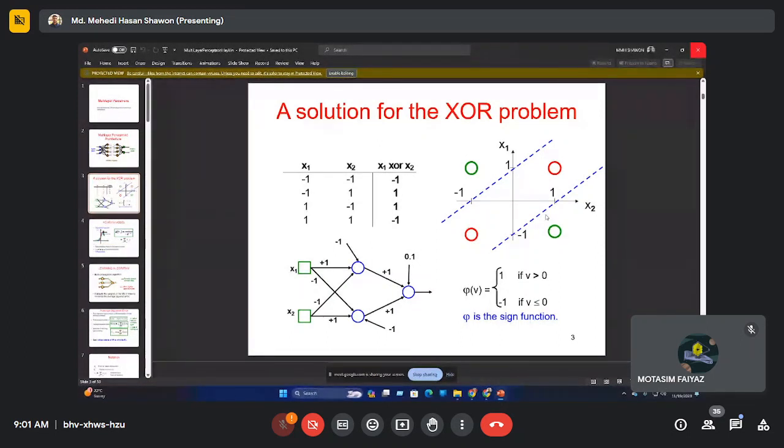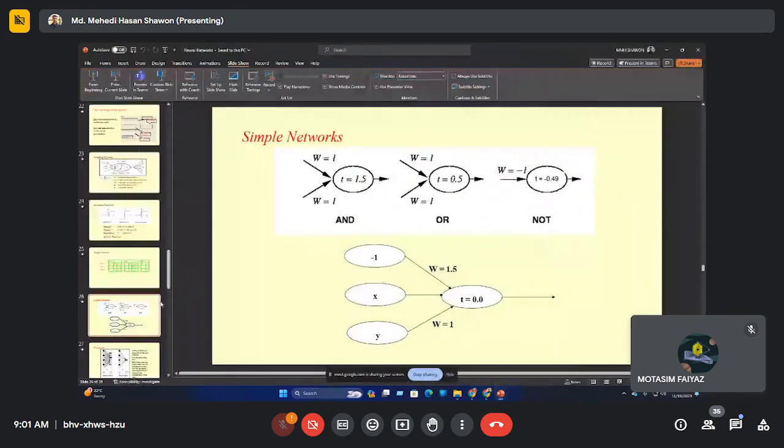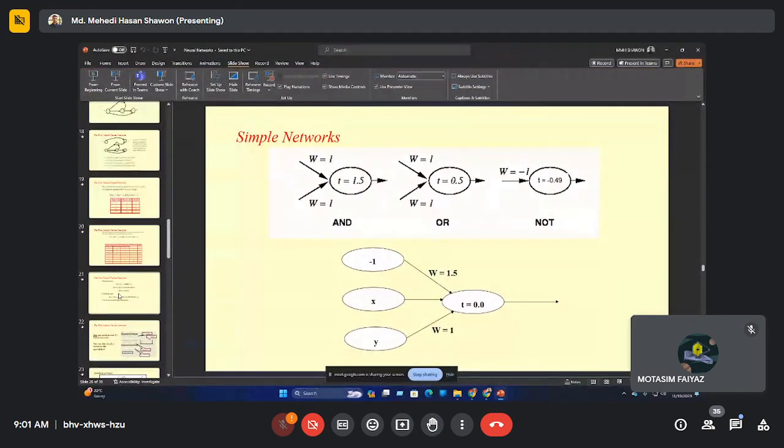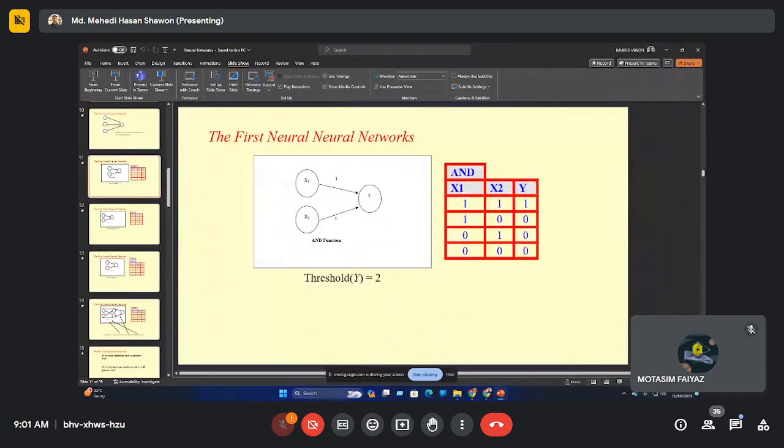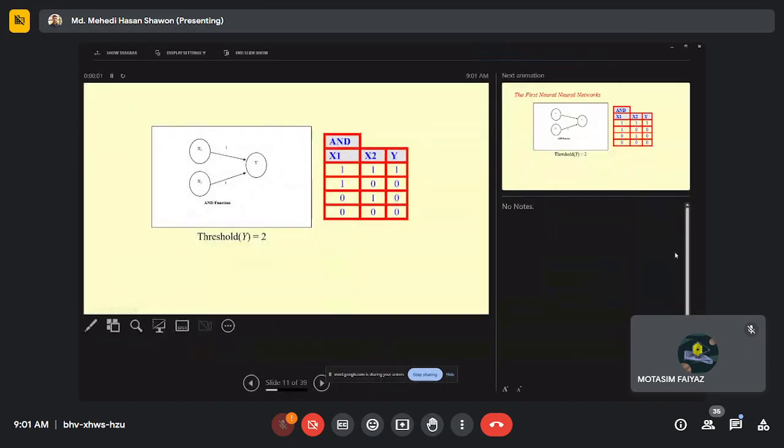In that case, we need multiple layers, as you can see here, a hidden layer where we address that non-linearity. Okay, can I show you?